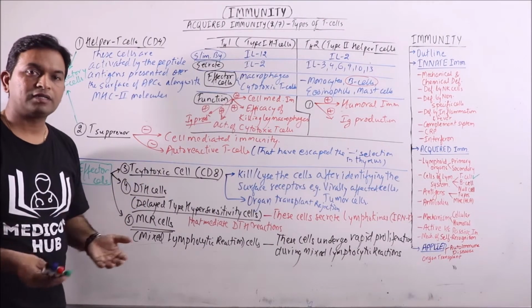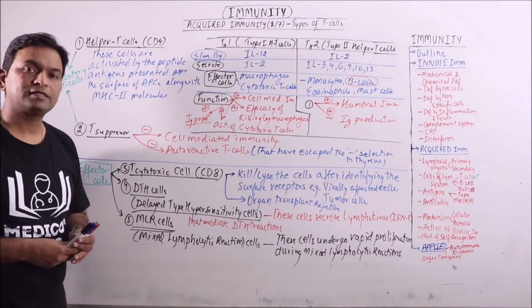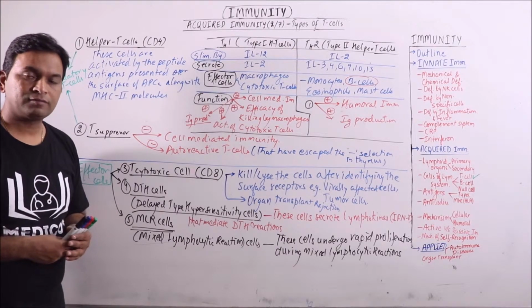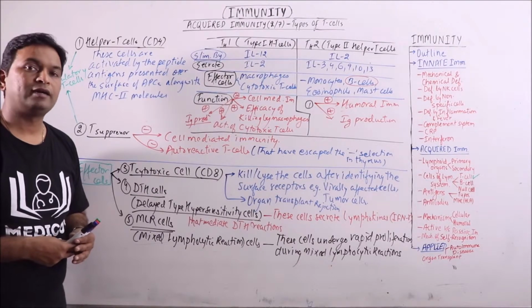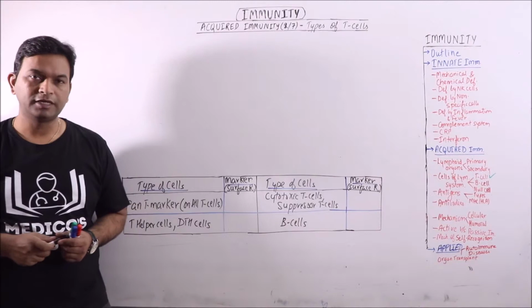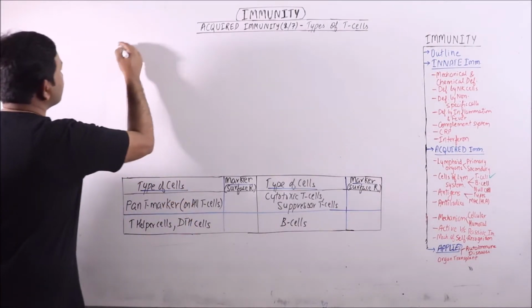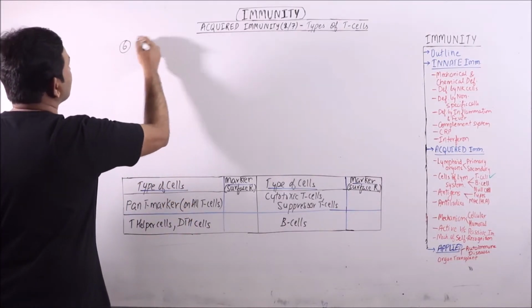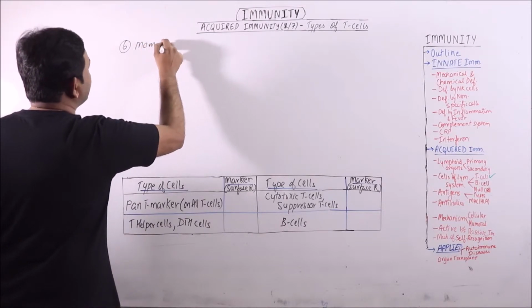Now we'll discuss some other types of T cells, that is natural killer T cells, memory cells, and the gamma delta type of T cells. These are memory T cells.